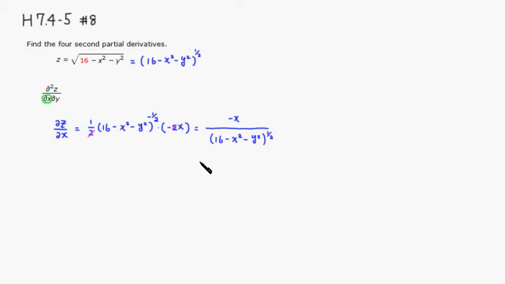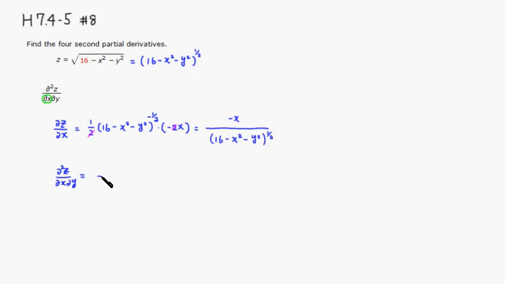Then we're going to take another partial derivative, this time with respect to y. So we take the partial derivative of what we just found, with respect to y. For this one, we'll probably use the quotient rule.